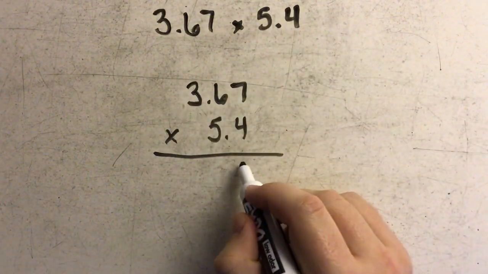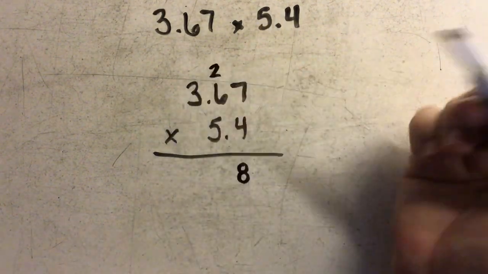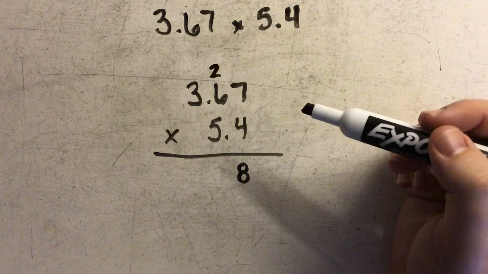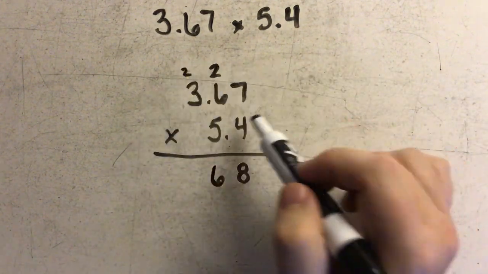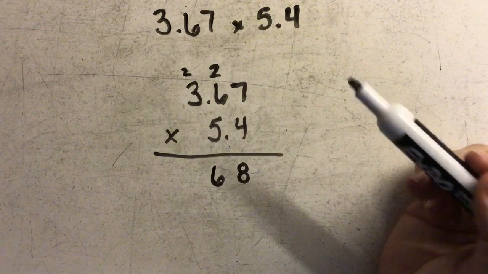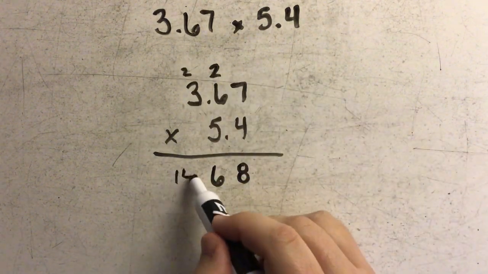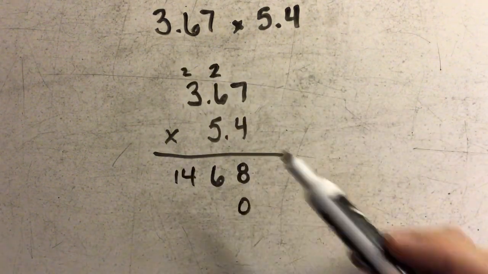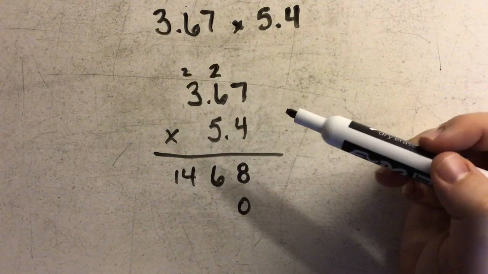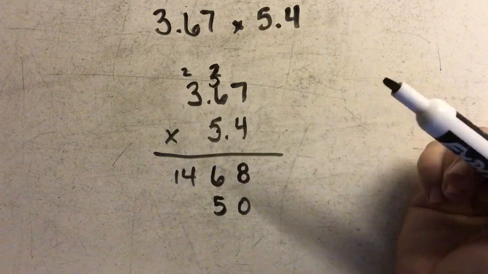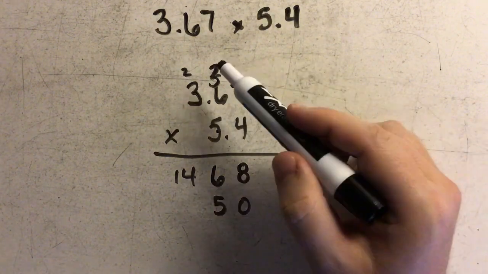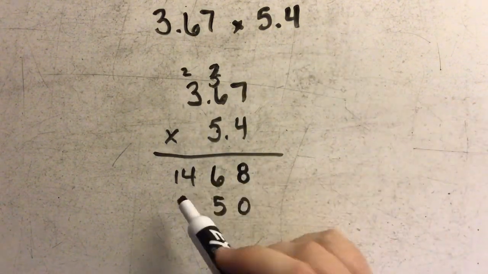So 7 times 4 is 28. 4 times 6 is 24, plus 2 is 26. 4 times 3 is 12, plus 2 is 14. Bring your 0 down. 5 times 7 is 35. 5 times 6 is 30, plus 3 is 33.